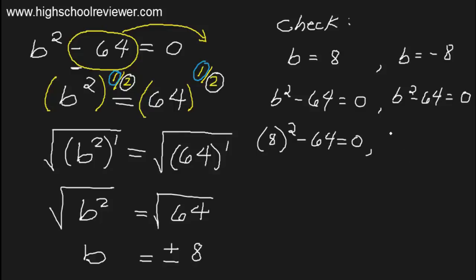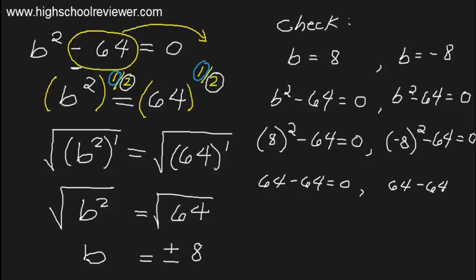And our b here, that is negative 8 raised to 2 minus 64 equals 0. So positive 8 raised to 2 is 64 minus 64 equals 0. And negative 8 raised to 2, that is also 64 minus 64 equals 0. So 64 minus 64 is 0. So 0 is equal to 0. So our first value is correct.